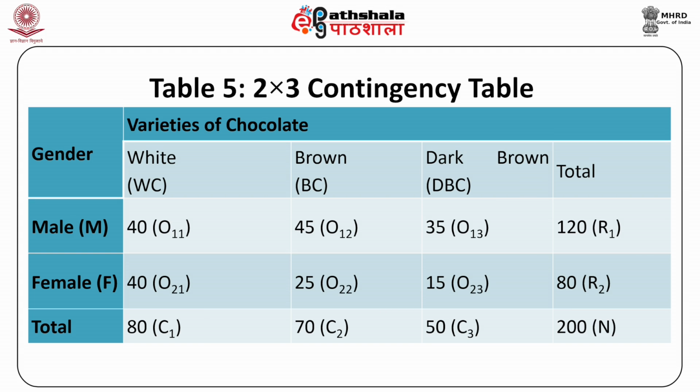In the contingency table, you can see that we have the variety of chocolate on one side, and we have the gender, male and female, as another attribute. We have white, brown, dark brown, and the last column gives you the total of all these. Similarly, we have the genders in the rows as males and females, and we have the total in the last row.